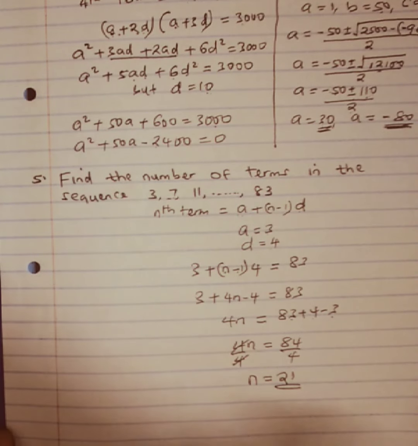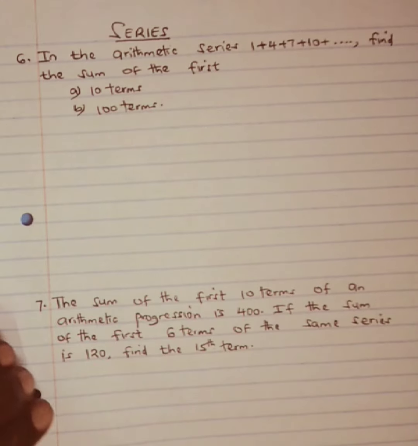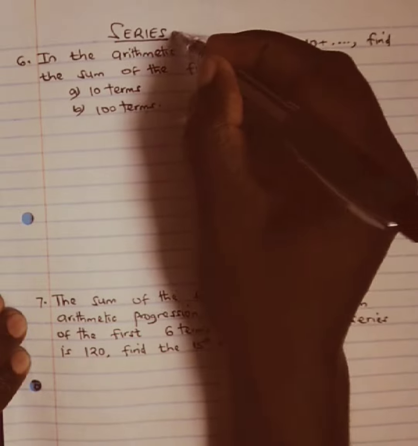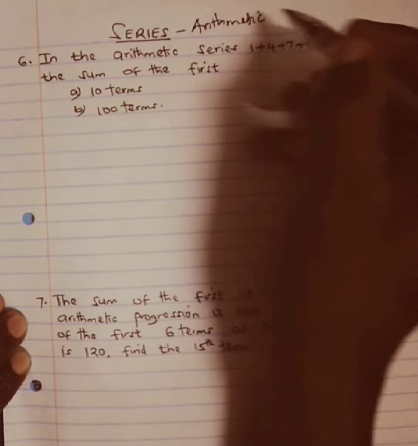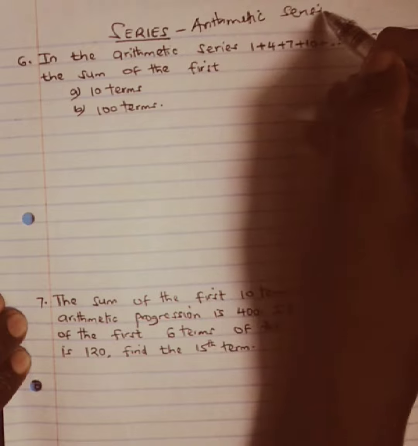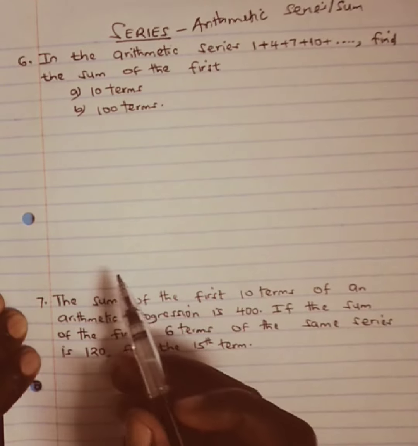We move down to question number 6, where we look at now how to get the sum of terms in this particular sequence, which we call the series. So we move on and look at now the series, and in this case we are talking about what we call arithmetic series, and we have already said series simply means the sum of terms in a sequence.